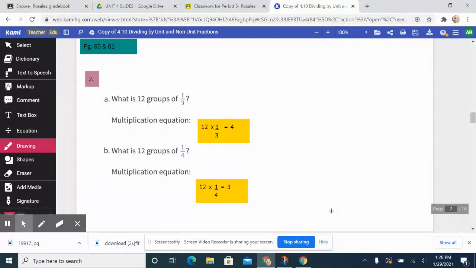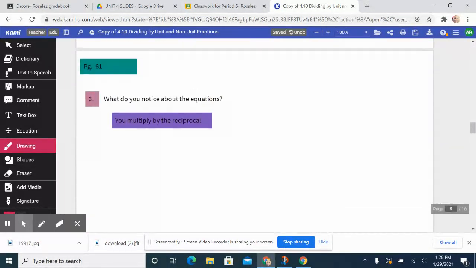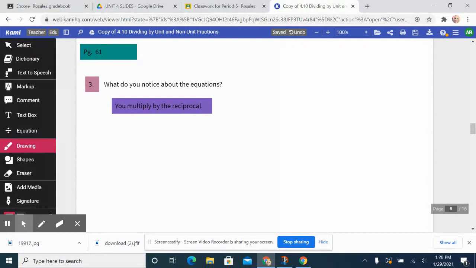And they want a multiplication equation. So you would do 12 times 1/4, and that would get your answer. Now it says on page 61 for number 3, what do you notice about the equations? And you should write down, you multiply by the reciprocal.